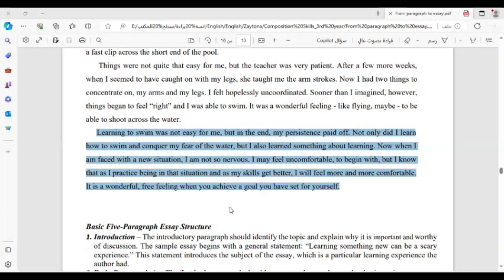Okay, thank you. So learning to swim was not easy for me, but in the end, my persistence means my determination, إصراري or إرادتي, paid off. What is the meaning of paid off?